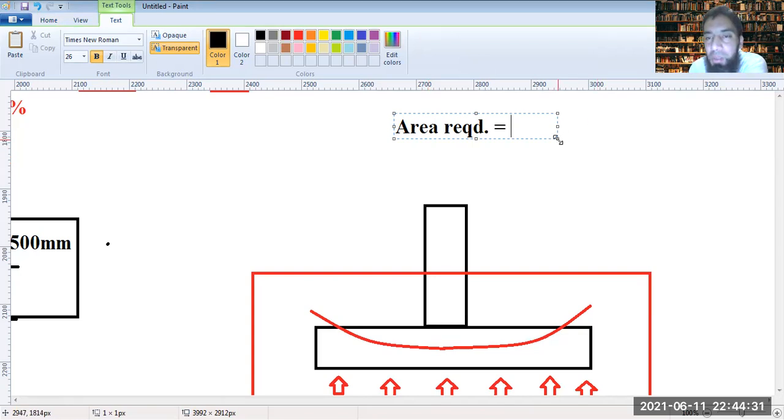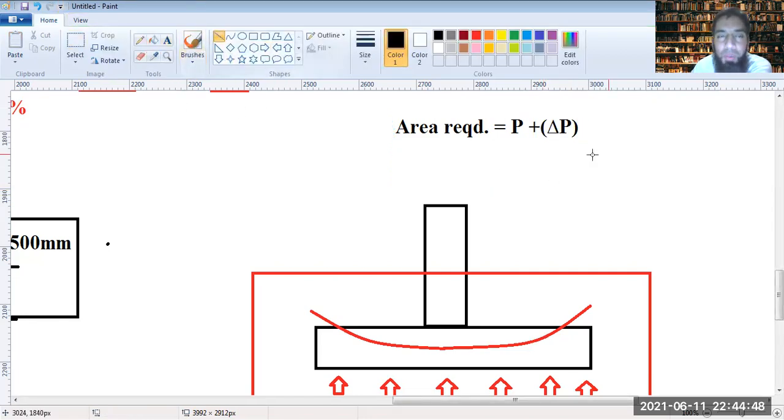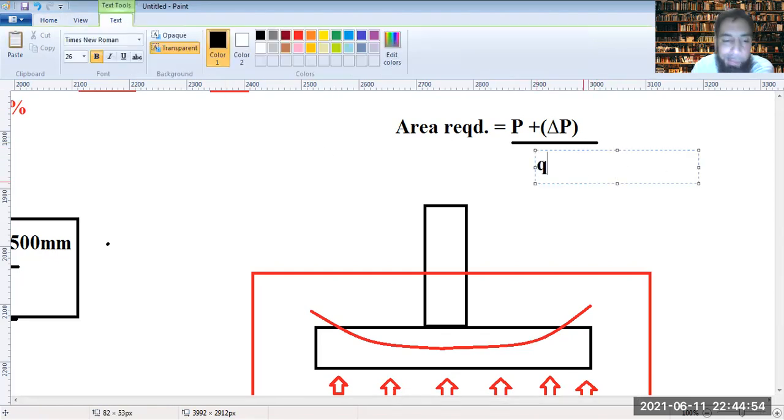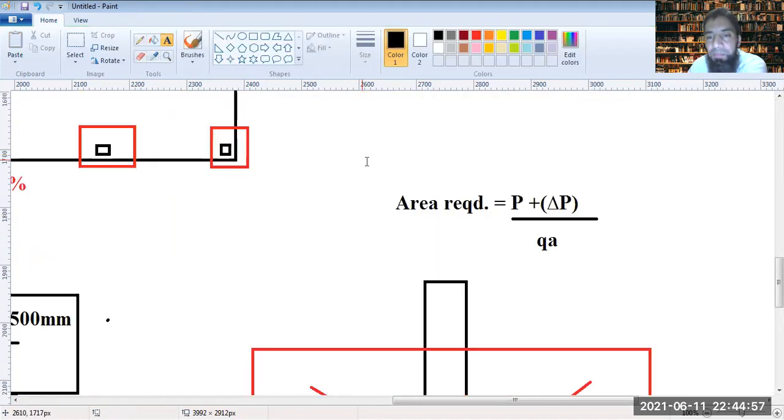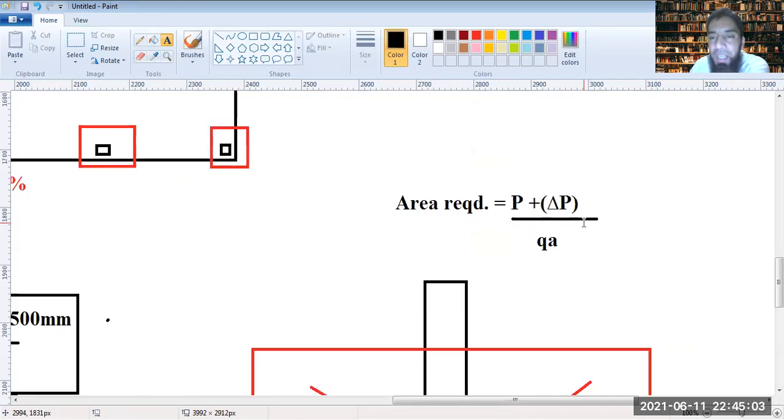What is the area now required for design of the footing? It has to be P plus delta P by QA. Q was the stress exerted from the system, and QA is the allowable soil pressure, based on the maximum limit up to which you can go.